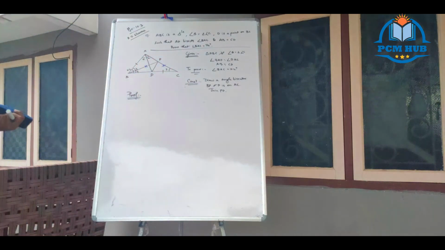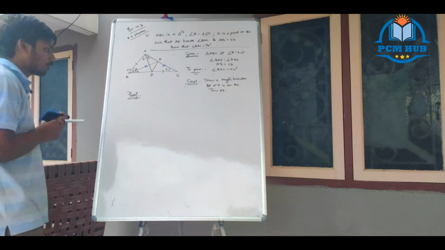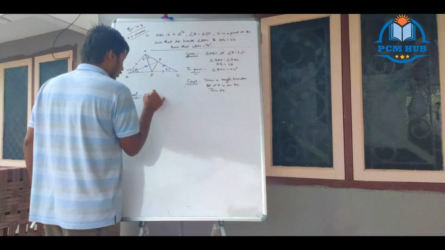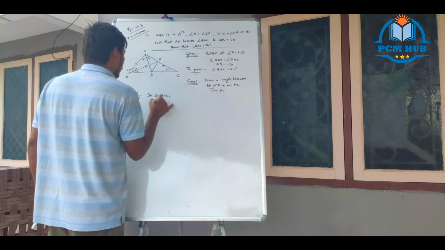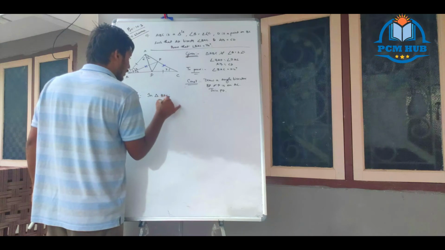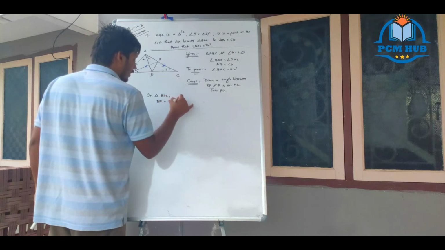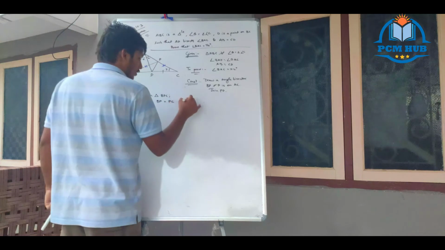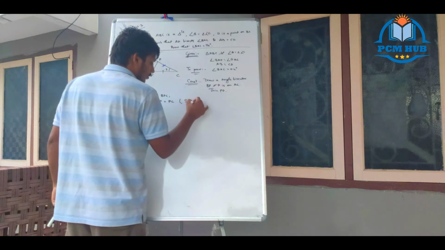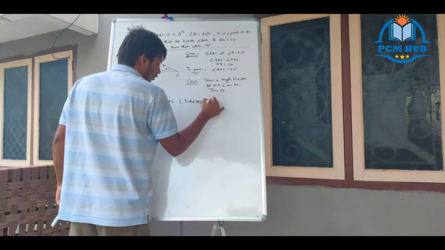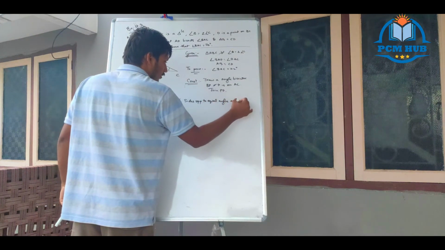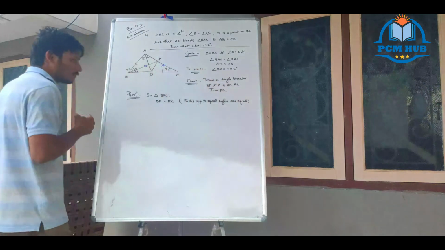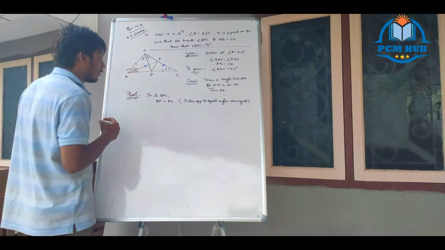First point which you need to note down: in triangle BPC, BP equal to PC. Why? Sides opposite to equal angles are equal.